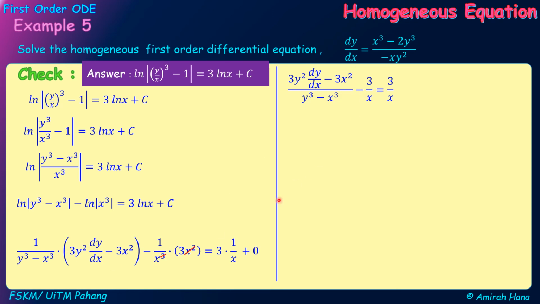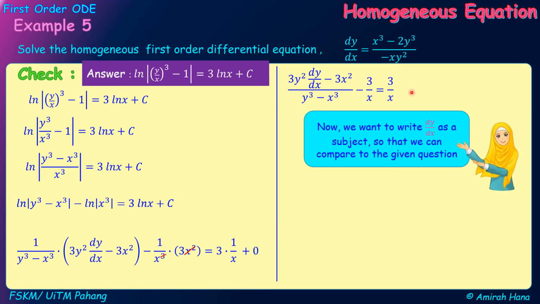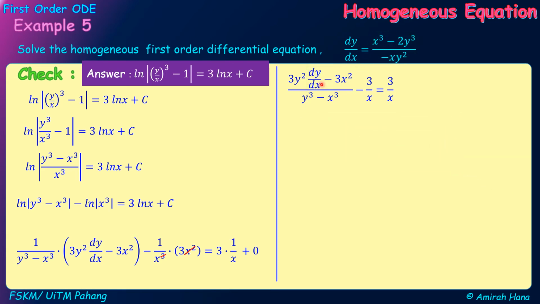And then minus, after we simplify x squared and x cubed, we get 3 in the numerator and x to the power of 1 in the denominator, and then equals 3 over x. Plus 0, no need to write. Now we want to write dy over dx as the subject so that we can compare to the given question.